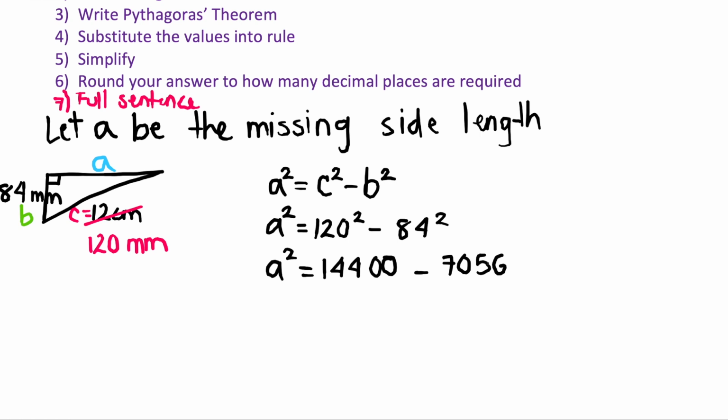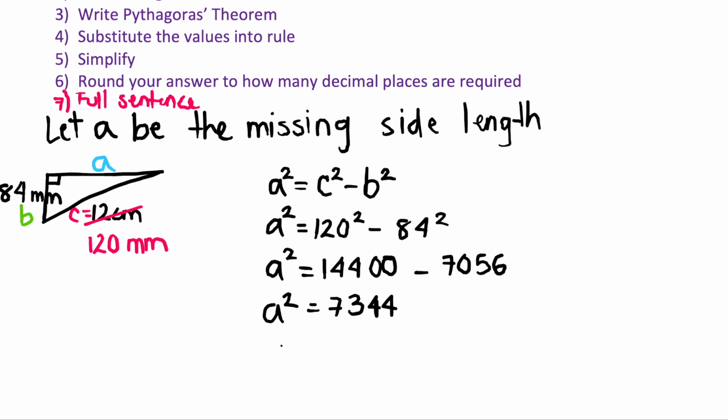You can do this in your CAS in only one step. I just want to put all the steps so you can have your notes complete. Then you write A squared is equal to, if you do this operation in your CAS, 7,344.